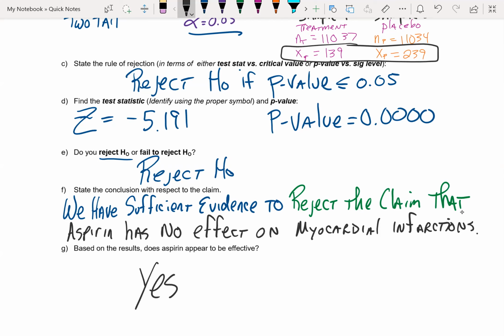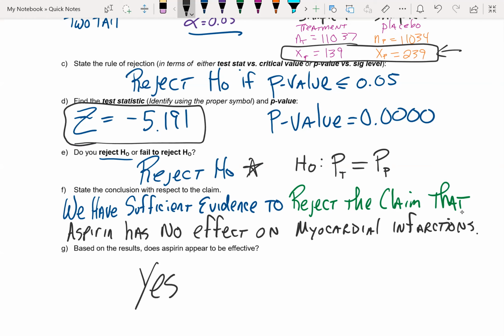So we get to go ahead and say yes, not just because we rejected the null hypothesis, because our null hypothesis was that the proportion for the treatment and the placebo group were the same. So when we rejected the null hypothesis, that just says that they're different. We had to go back up to the sample information, as well as what's demonstrated by our Z-score, that we got a lower number with the aspirin.